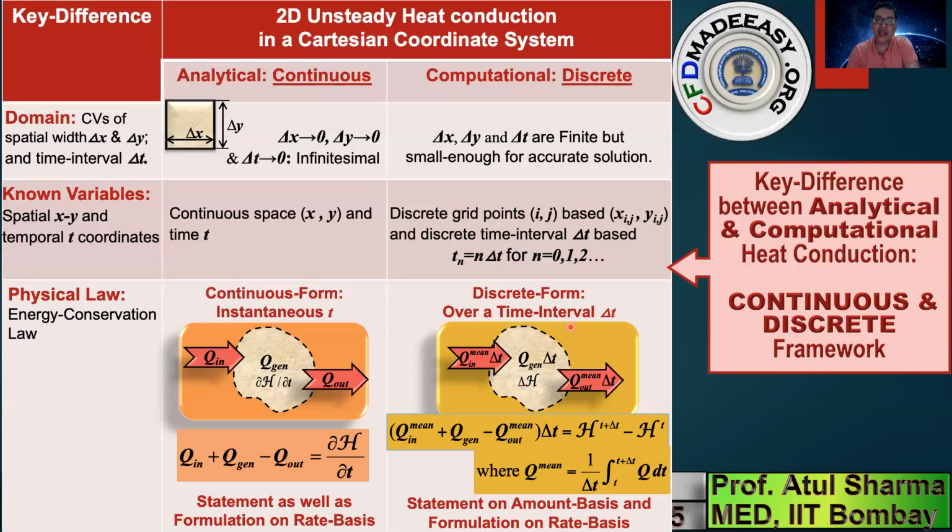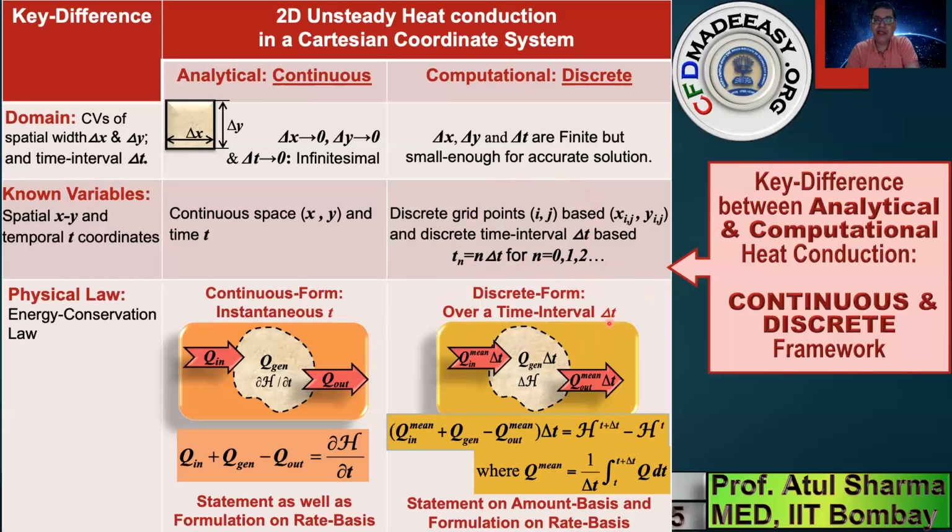So for a computational heat conduction course, I proposed that instead of using the instantaneous conservation law, let us use the conservation law which is applicable over a time interval, due to the fact that in any computational course our time is discrete. The data that we get is always over a time interval.